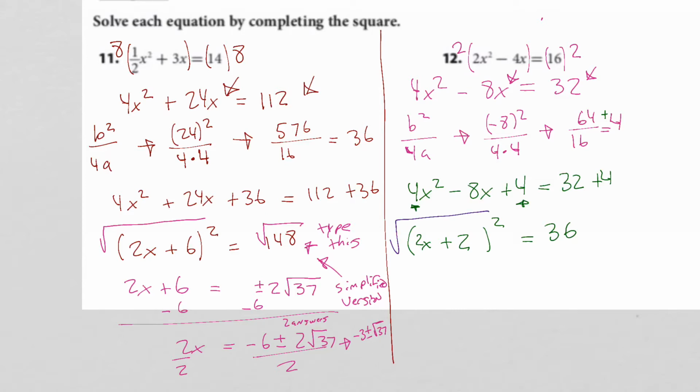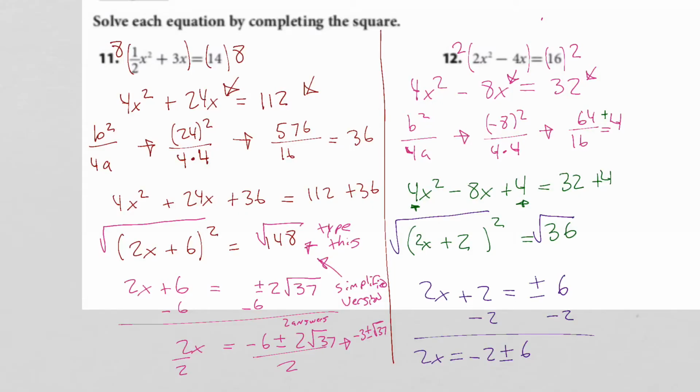You're going to get 2x plus 2 is equal to plus or minus, and what's the square root of 36, folks? It's 6. And now, minus 2 to both sides. 2x is equal to a negative 2 plus or minus 6.